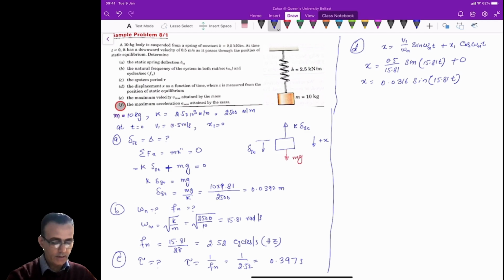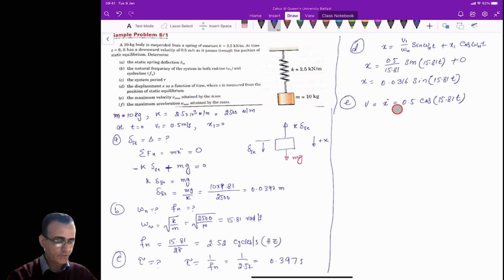Okay, now in part E, you need to calculate the maximum velocity, v maximum, attained by the mass. Velocity is a function of time, which you get when you differentiate x with respect to time. So it becomes 0.5 cos 15.81 t.